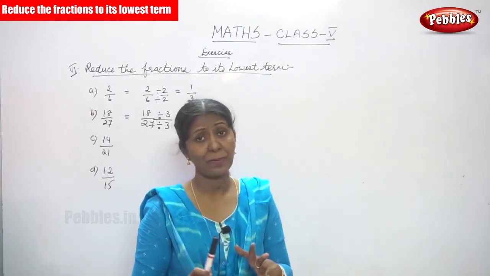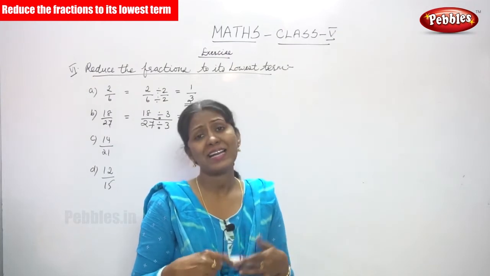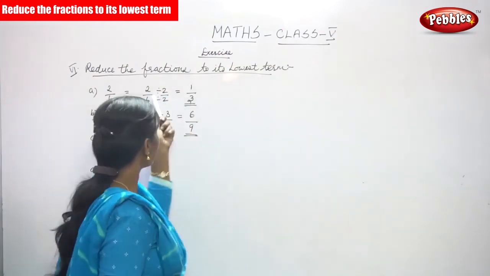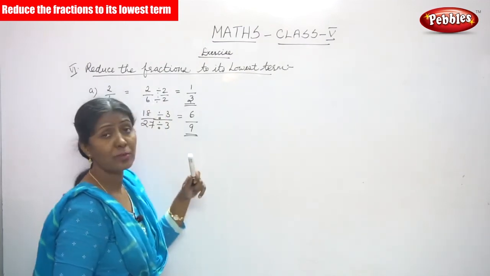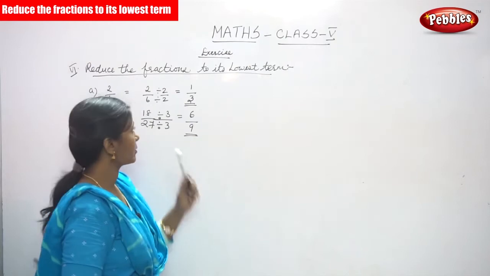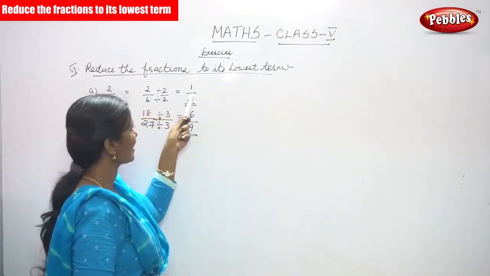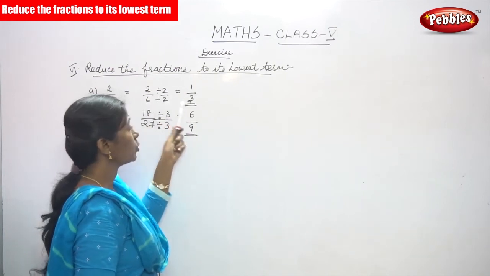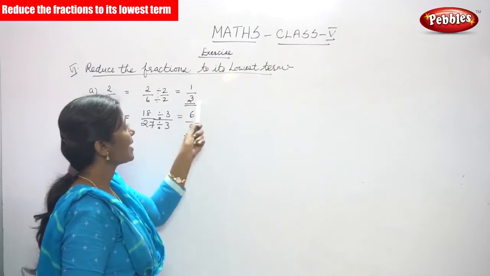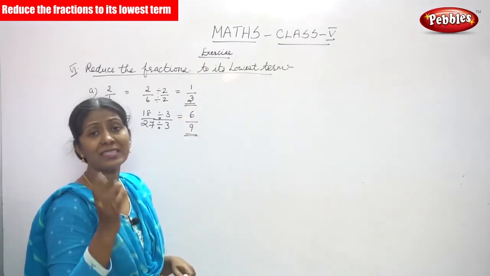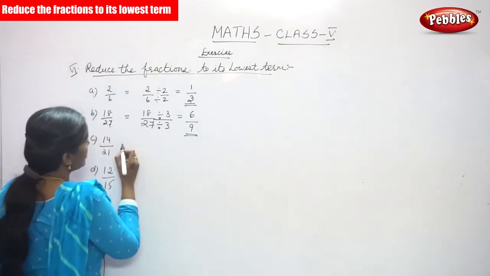Here 2 is the numerator and 6 is the denominator. 2 divided by 2 gives 1 and 6 divided by 2 gives 3. So the answer is 1 by 3. Hereafter you can't make this fraction any lower, because this is the very lowest term for this fraction. Next is 14 by 21.